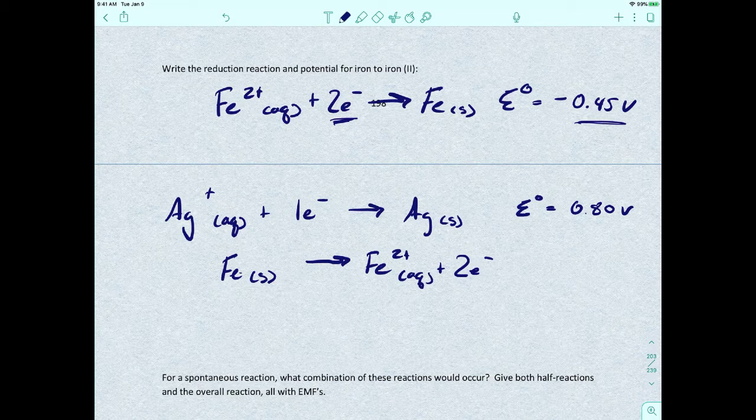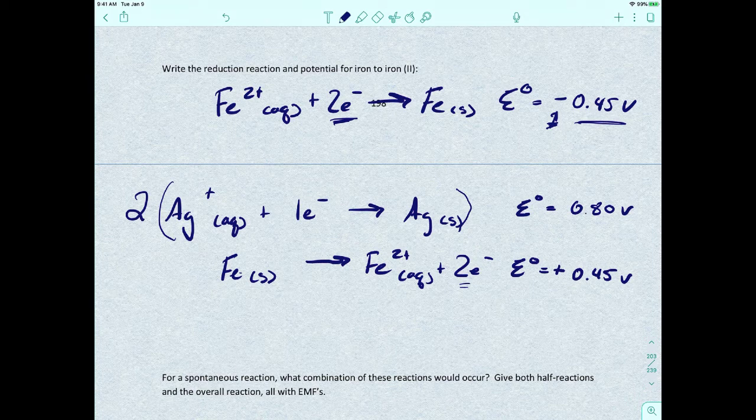Now by doing so, if you notice, the cell potential is negative because we flipped the equation. That's going to become a positive 0.45. Now, the number of electrons have to match in both equations, so that means we're going to have to multiply the first equation by 2 in order to get the number of electrons to match.